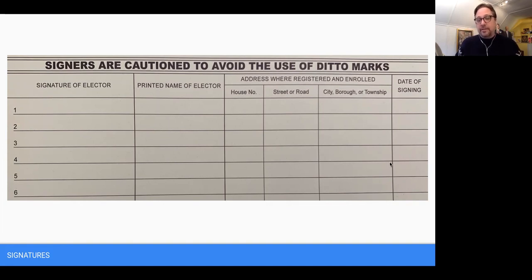The other thing is that sometimes folks will, if you catch them doing it, try to fix it on your petition. Don't bother fixing it. You'll have plenty of copies of the petition. Just cross it out, because if you have marks on your petition that look like the names were corrected, the address was corrected, or the date is corrected, those could all be challenged, and those signatures could ultimately be void on your petitions.